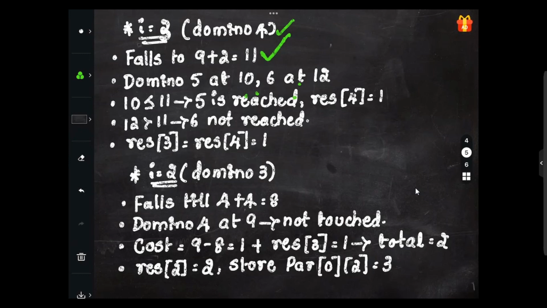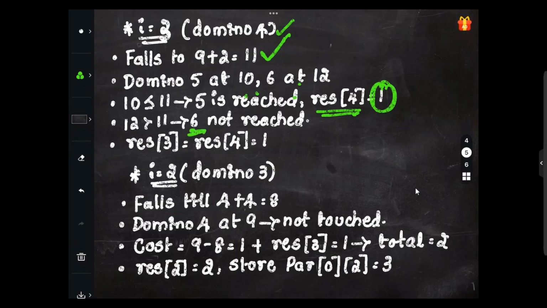Now 10 is less than or equal to 11, yes, so 5 is reached. We will go with result of 4 equals 1. And 12 is greater than 11, so 6 is not reached.